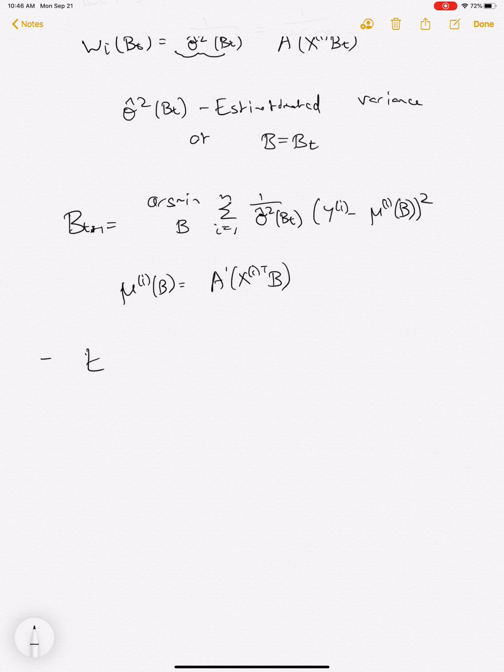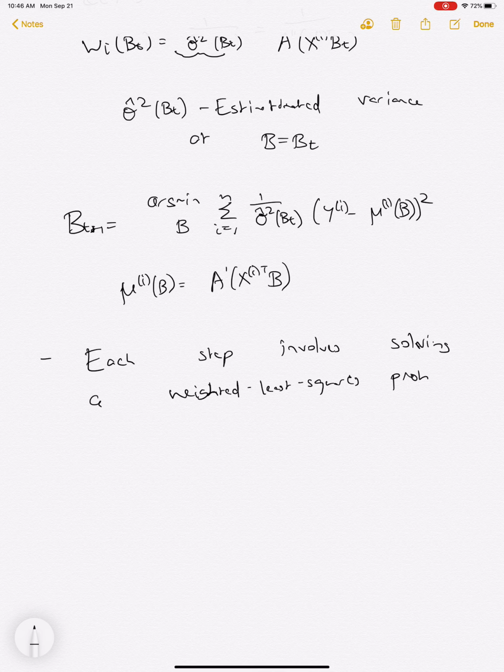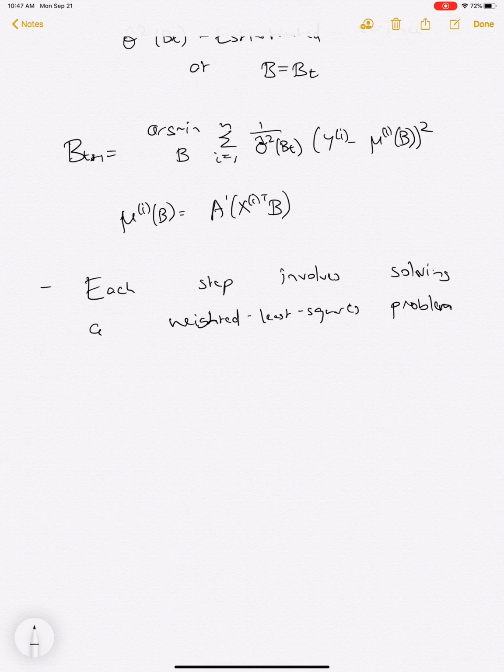So basically each step involves solving a weighted least squares problem, which is something that you did on the first homework, where the weight, which here is 1 over sigma hat squared of b_t, depends on t.